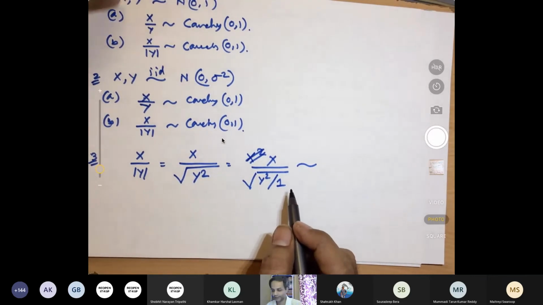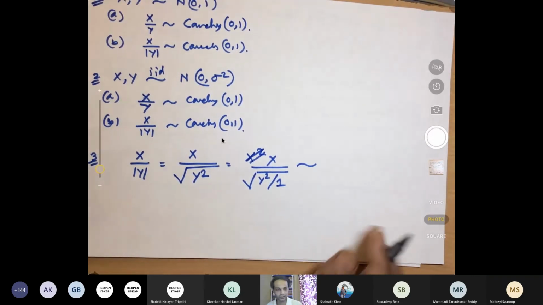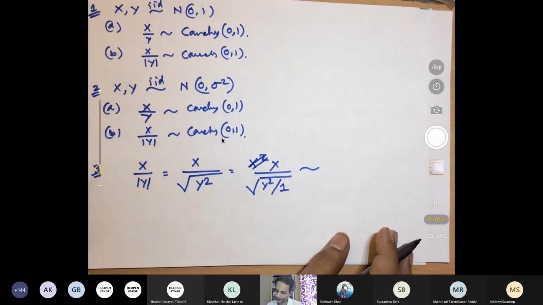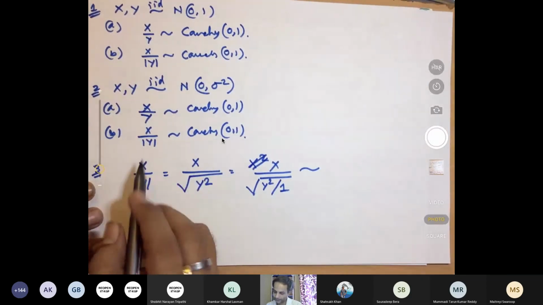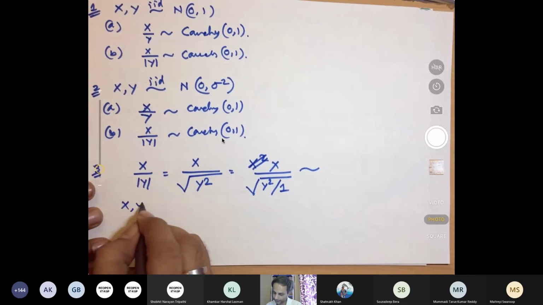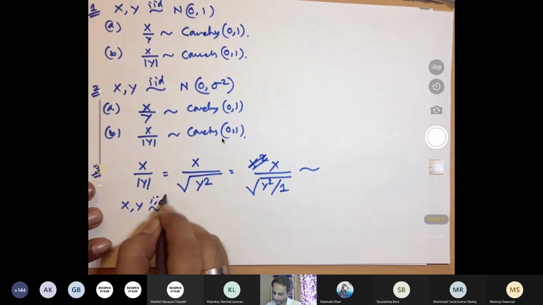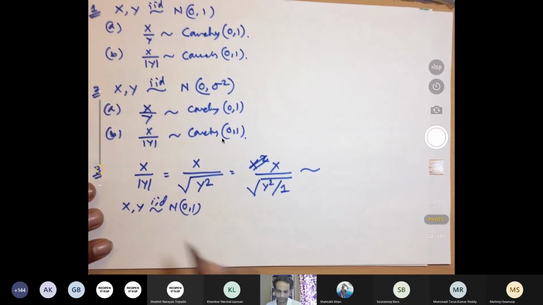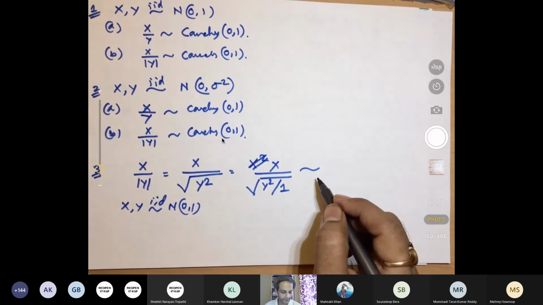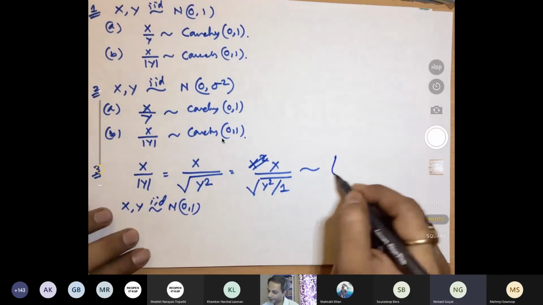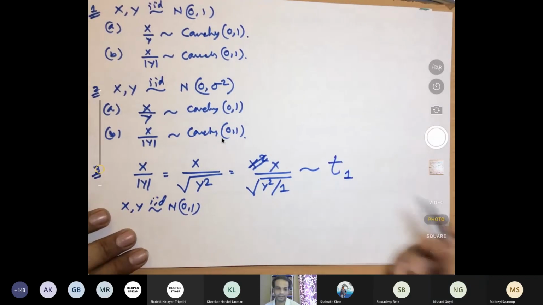You can start with either 0 1 or 0 sigma square, no problem, where x and y are IID normal. Okay, so let us consider x, y are IID normal 0 1 for simplicity. Can you tell me the name of this distribution? Sir, T distribution. It is T distribution with degrees of freedom 1.